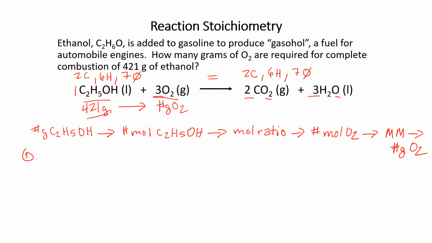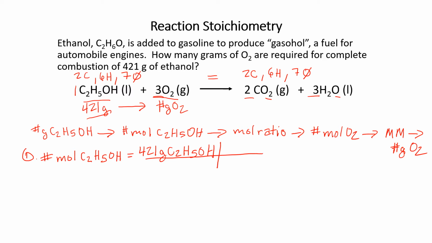So let's take the step-by-step process. The first step is we're going to convert the grams of ethanol to moles of ethanol. So I'm going to say number of moles of ethanol. Well, given 421 grams of ethanol, if I use the molar mass as a conversion factor, check this out, guys.